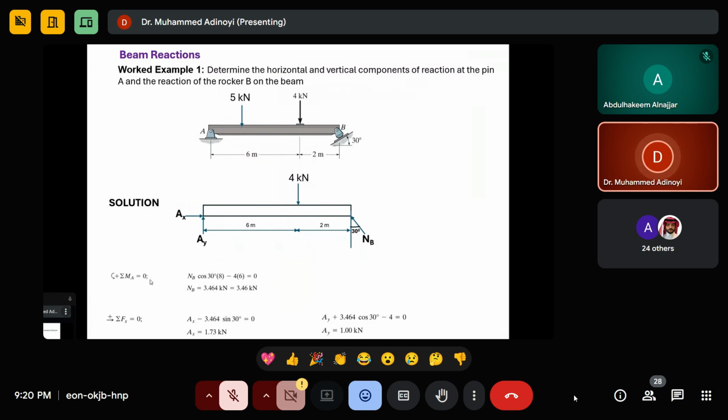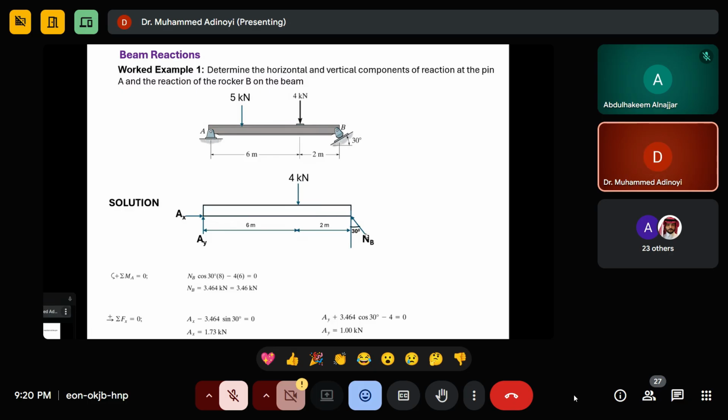Here you can decide to write these two equations first before you apply this, or you can start with this. So you say the summation of moment at A. Automatically you are going to cancel here. Then here you are going to have NB.